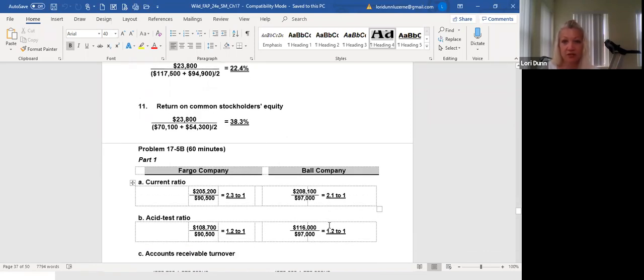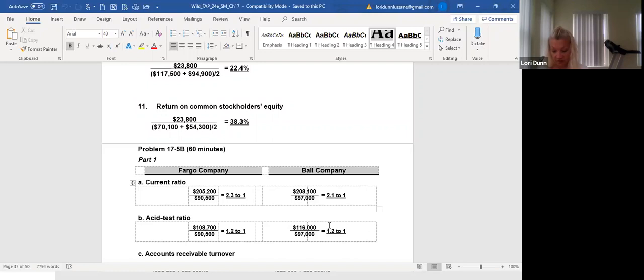Let's go to our next ratio then, the asset test. Remember now the asset test is where we take really liquid current assets. So we don't include all current assets, that's the current ratio. This includes really liquid assets though, those that can be converted to cash very quickly, and divide that by current liabilities.